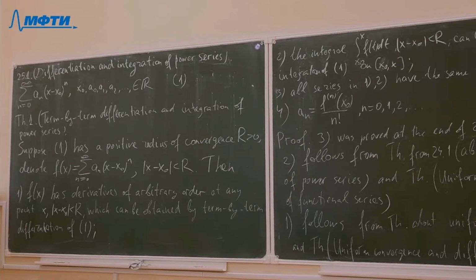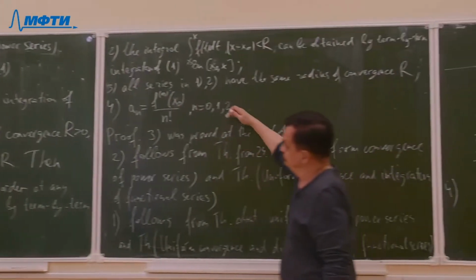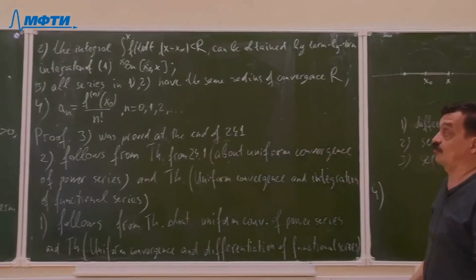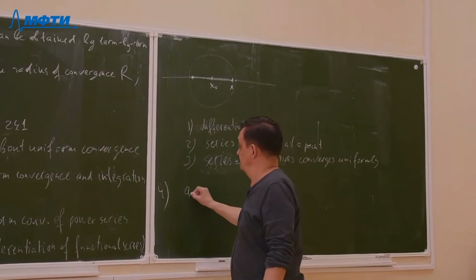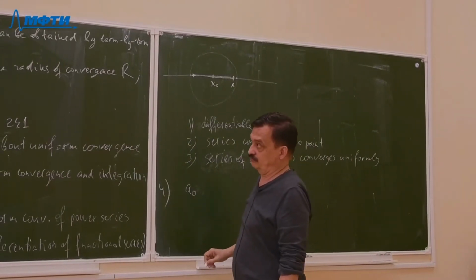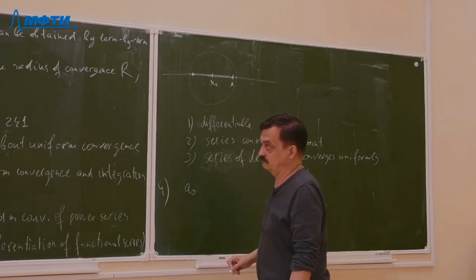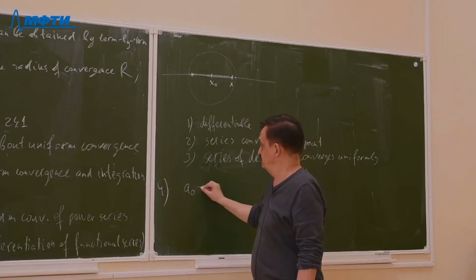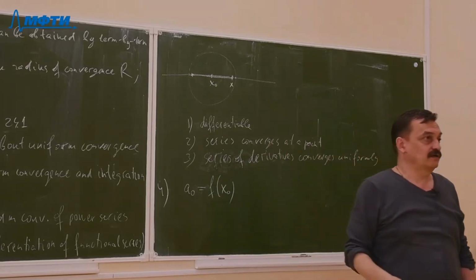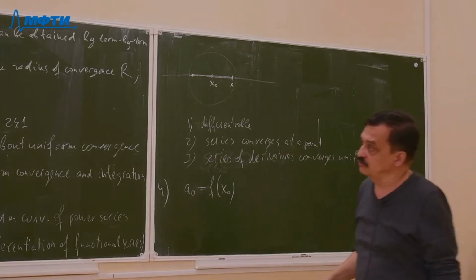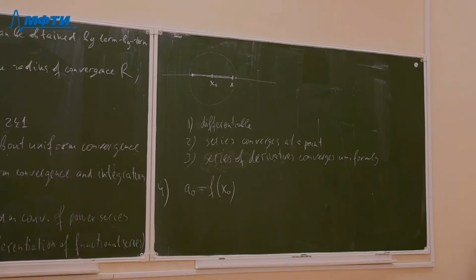Okay, now the very last formula for coefficients. Let's start with the very first, A0, how to obtain it. It's obviously f at x0. Why? Because look at the definition of f of x.